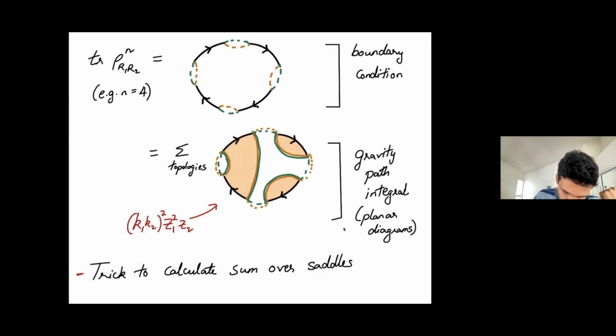There's two of these loops, one here and one here, both of which provide a factor of K1, K2. So this is an example of one such geometry. In general, we'll have to sum over all such topologies, so different ways of connecting and so on. Even after restricting to planar diagrams, it's difficult to directly sum over all of these topologies. So we'll employ a trick to do this sum over saddles.